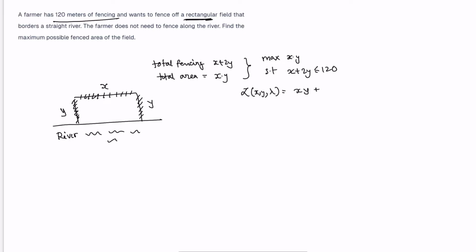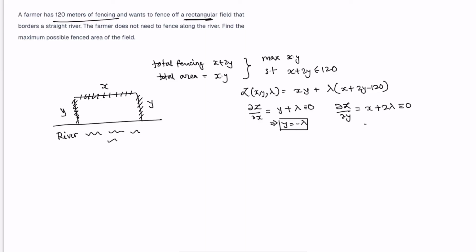Now if we consider the Lagrangian, that will be nothing but xy plus lambda times (x plus 2y minus 120). As per the Lagrange multiplier method, we take the derivative of this Lagrangian with respect to x, which will be y plus lambda. Set it equal to 0, we obtain y is equal to minus lambda. Now we also take the derivative with respect to y, so we obtain x plus 2 lambda equal to 0, which gives us x equal to minus 2 lambda.